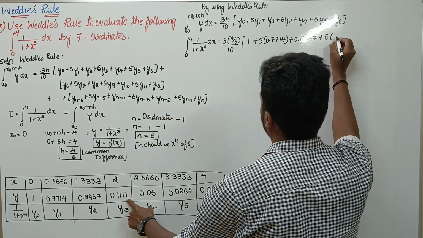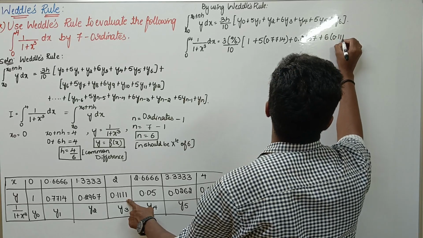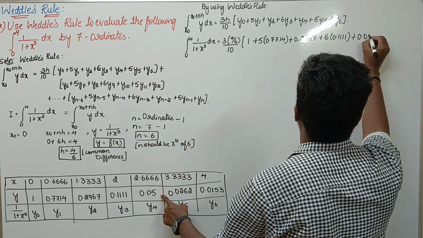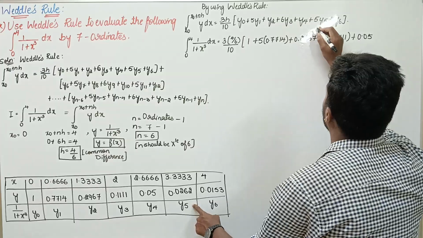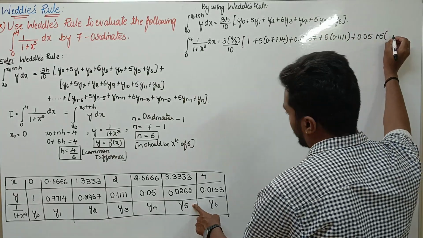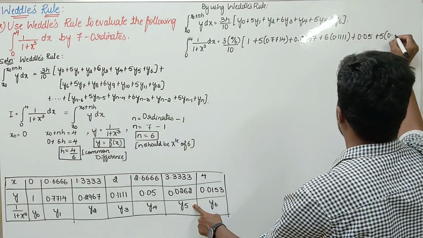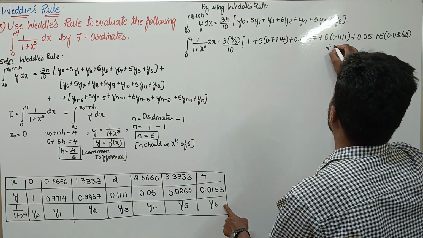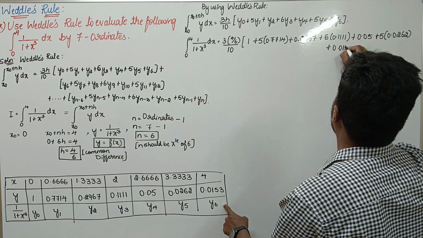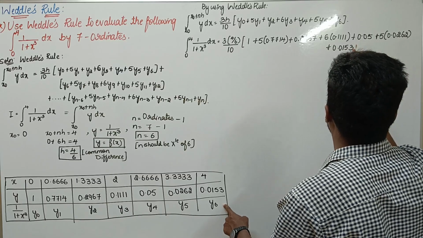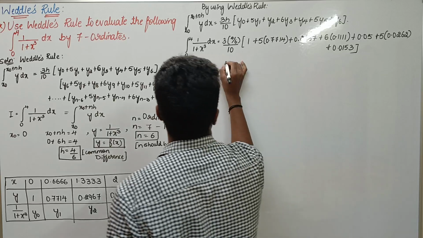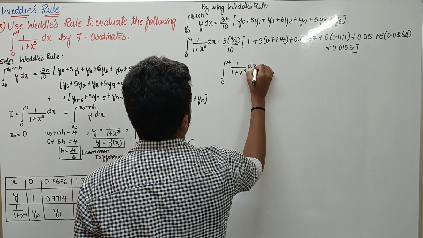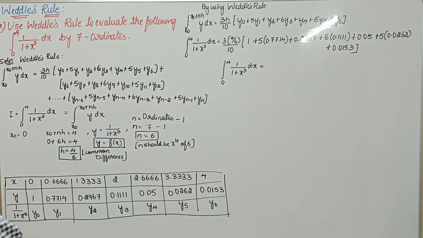Y3 is multiplied by 6, 6 into y3, 0.1111 plus y4, 0.05. Next y5, that is 5 into y5, 0.0262 plus y6. What is y6? 0.0153. Okay, you can go directly with the calculator and represent the solution of the integral from 0 to 4 of 1 divided by 1 plus x cube dx.